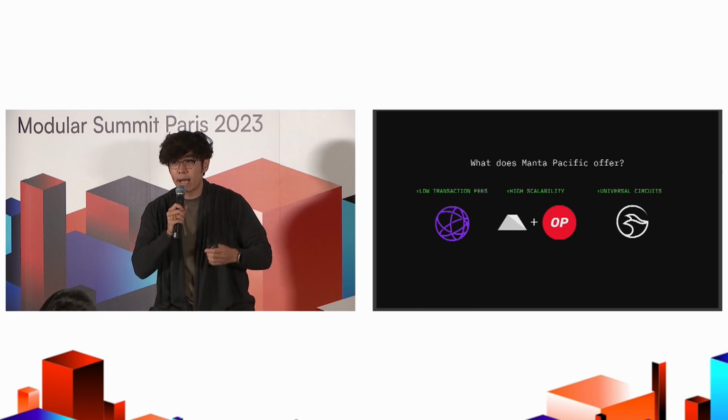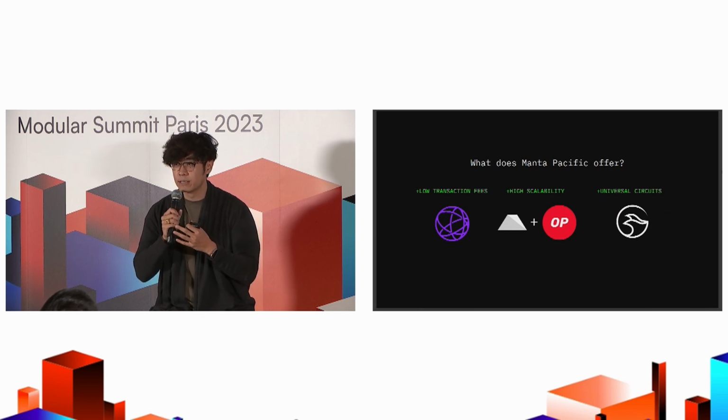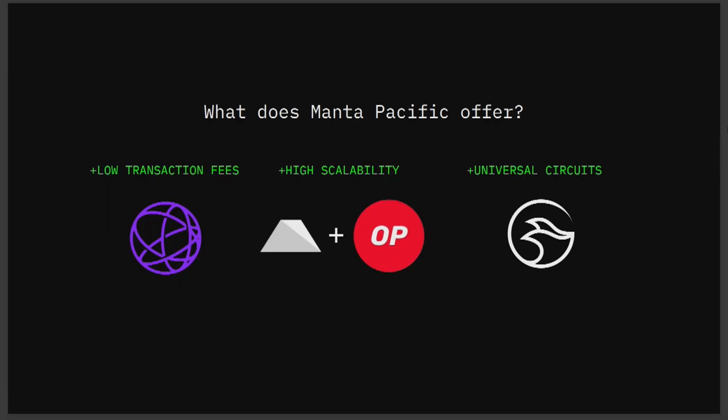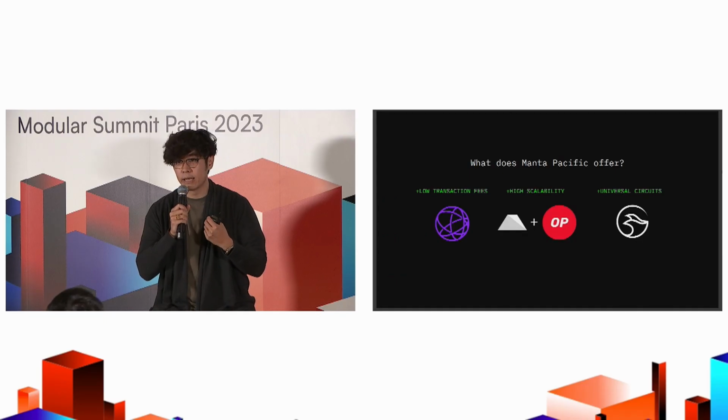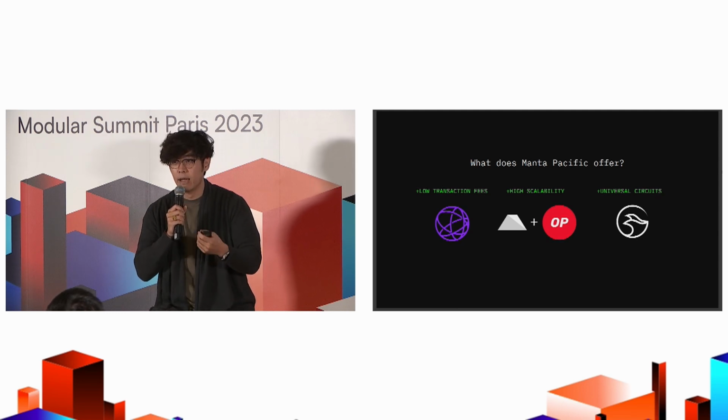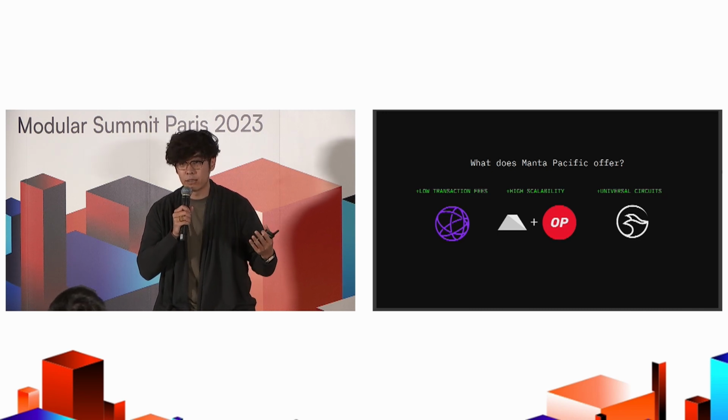And so why is Manta Pacific that perfect environment to build? It's because we have lowered and optimized transaction fees, transaction costs for ZK related transactions on chain. And so if you've ever used a ZK tool on Ethereum, it's super expensive, especially relative to other applications on ETH.